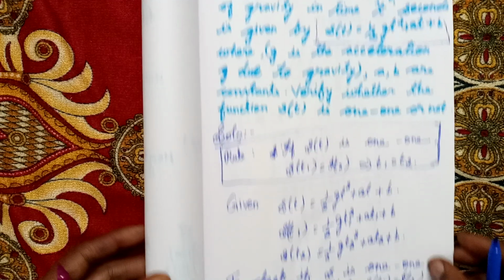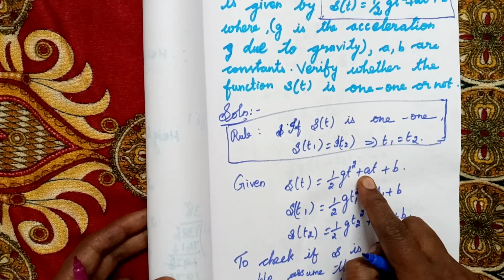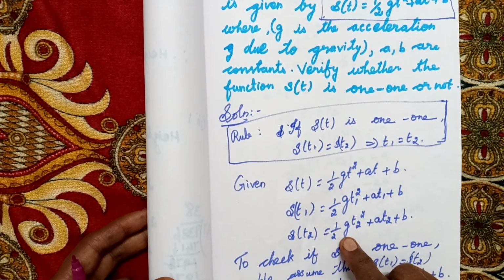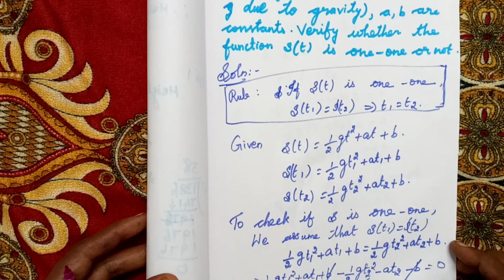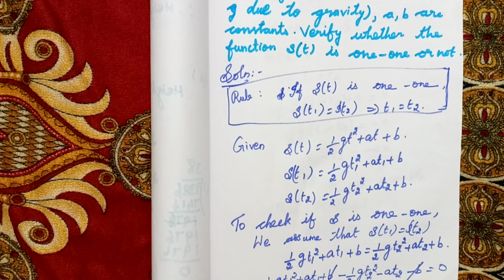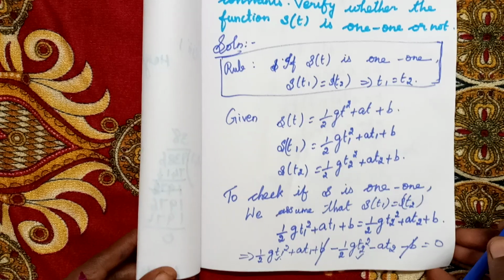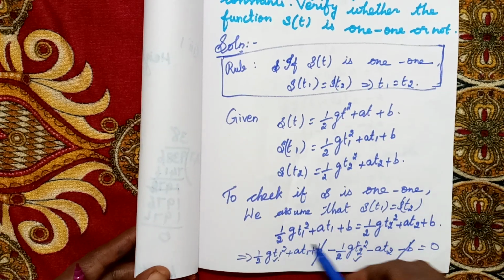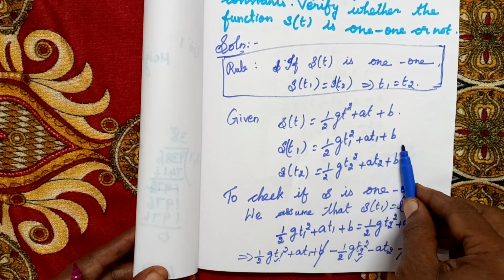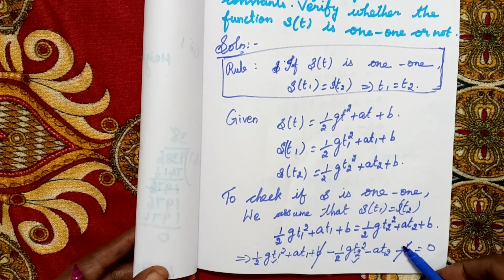First, S of t is given. There I am writing S of t1 and S of t2. To check that S is one-one, we have to assume that S of t1 is equal to S of t2. So in place of S of t1, I write this value, and in place of S of t2, this value.